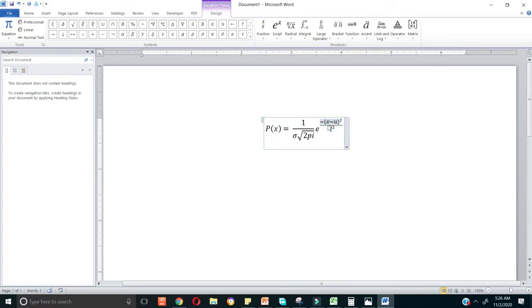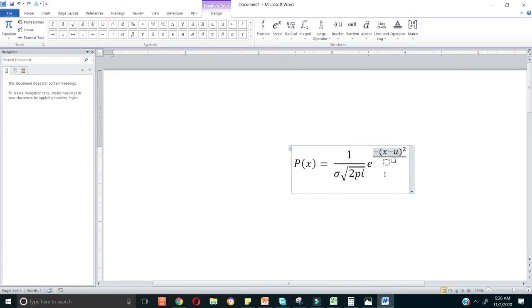It's getting really difficult to select all the little things. Maybe I need a bigger screen. It's becoming really hard to get.